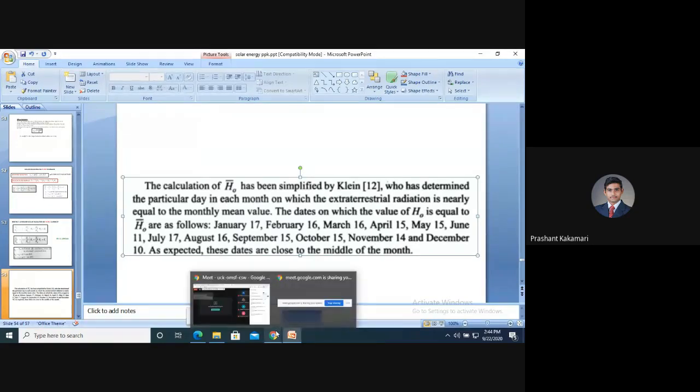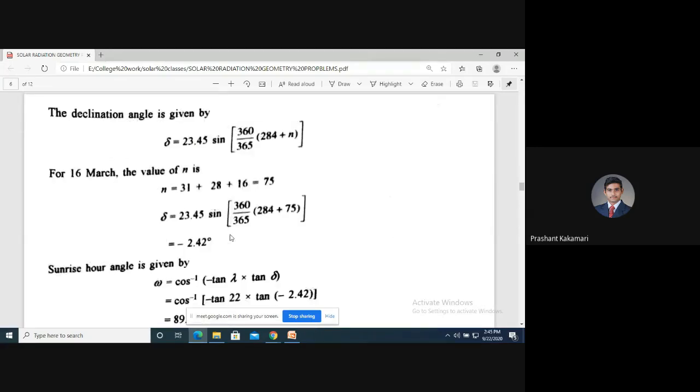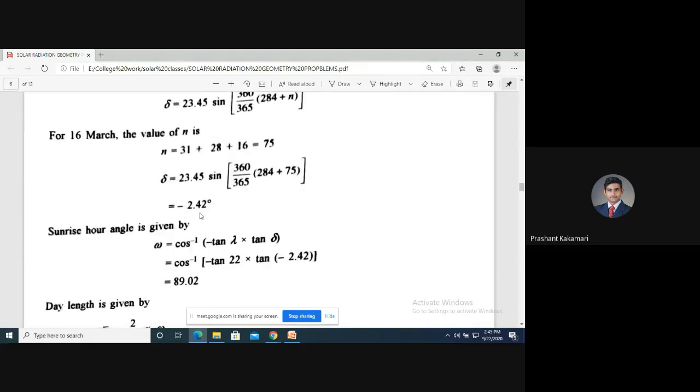We are taking March 16th because otherwise we cannot find the angle of declination. The author has taken 16th March and found that the nth day of that year is 75. He substituted and found the declination angle as minus 2.42 degrees.